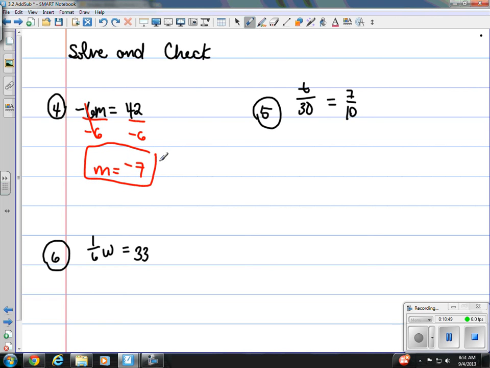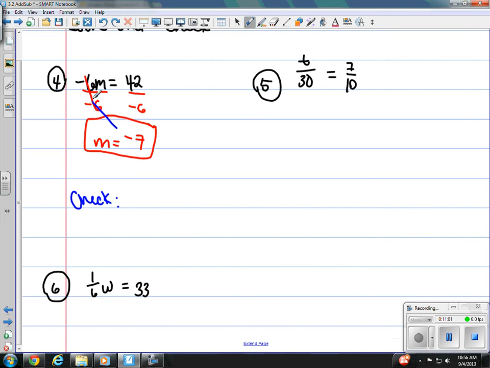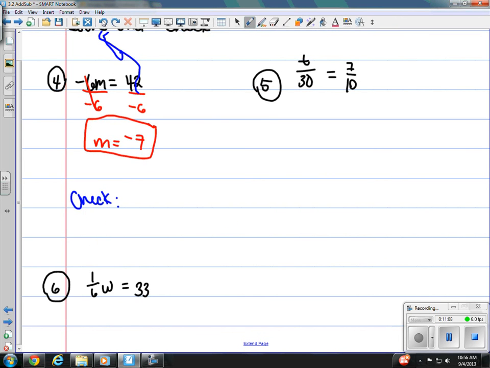We're also asked to check this. Okay, for our check, once again, we go back up to the original. Sorry about that. My marker seems to be writing without me. There we go. So, negative 6m equals 42, except this time we're going to replace m with negative 7.